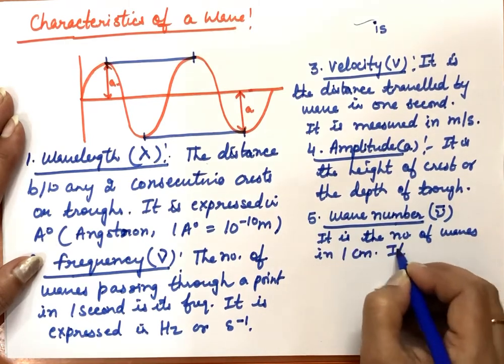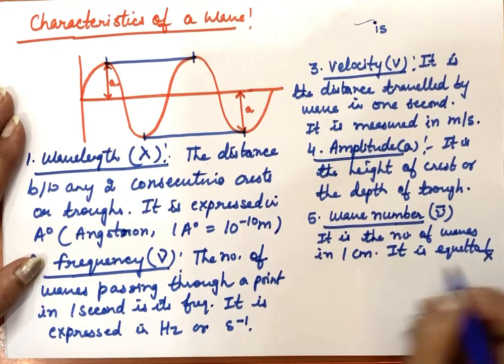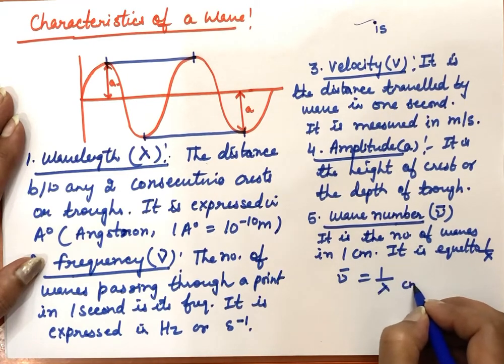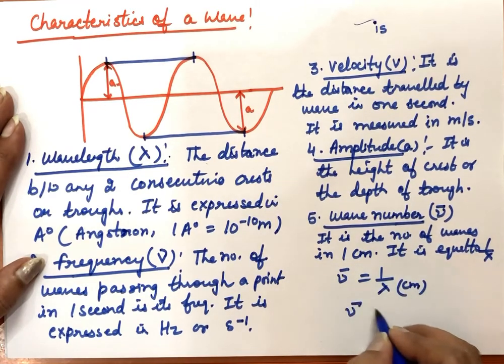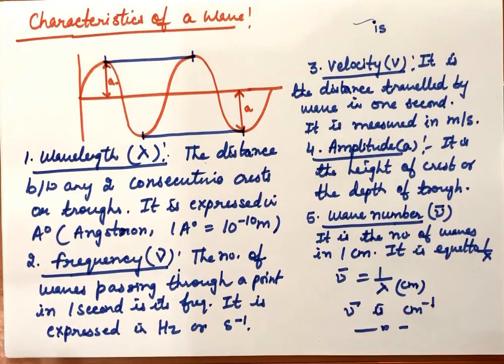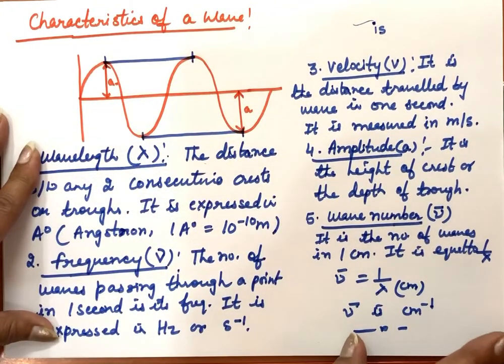That is called wave number, and it is equal to 1 by lambda. Nu bar is equal to 1 by lambda. If we take the lambda unit as centimeter, then nu bar will be per centimeter. So these are the characteristics of a wave: wavelength, frequency, velocity, amplitude, and wave number.